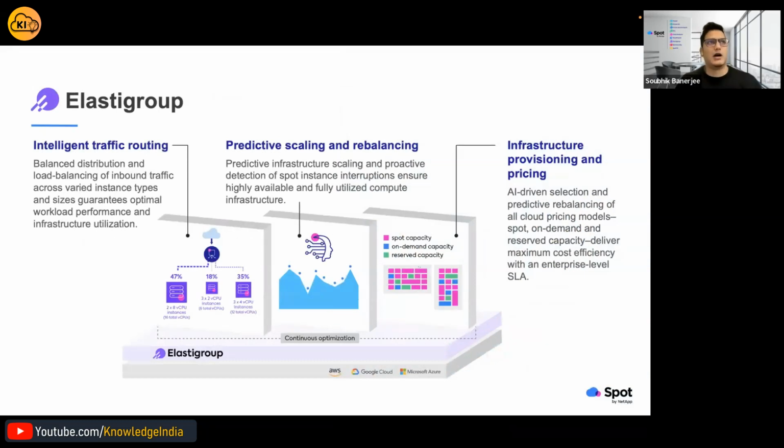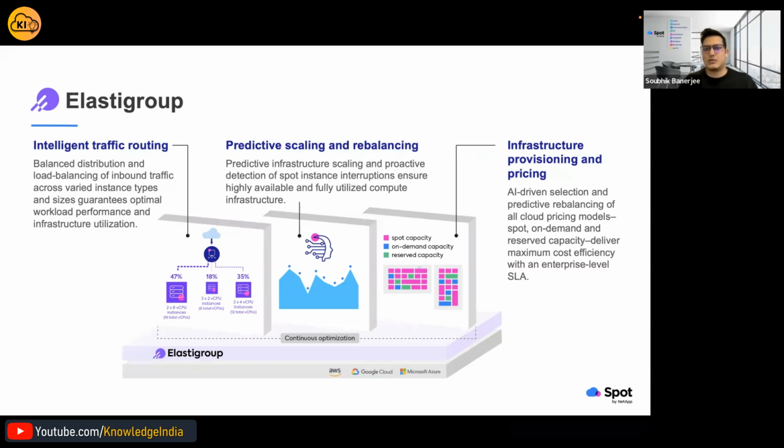And before even coming to the product itself, our main motto, as I mentioned, is to help our customers save on their cloud cost while providing availability, right? So what we do is we help our customers run their workloads on Spot instances while making sure that the scenario where the instances are taken away does not happen, right?